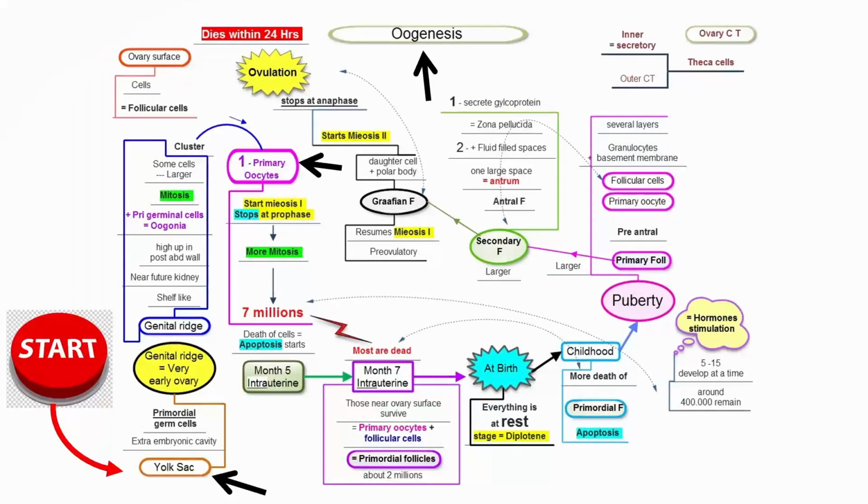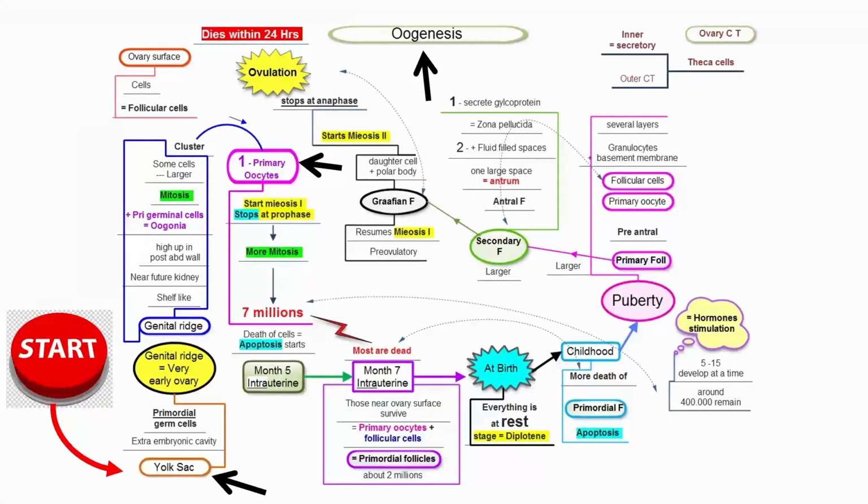When an oogonium is surrounded by follicular cells, it is a primary oocyte. This primary oocyte is going to start meiosis 1, but stops at prophase and continues after puberty. Then there is more mitosis until a huge number is achieved, approximately 7 million primary oocytes present in each ovary.